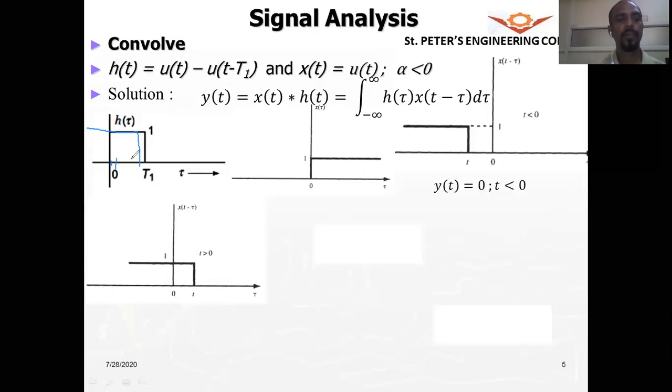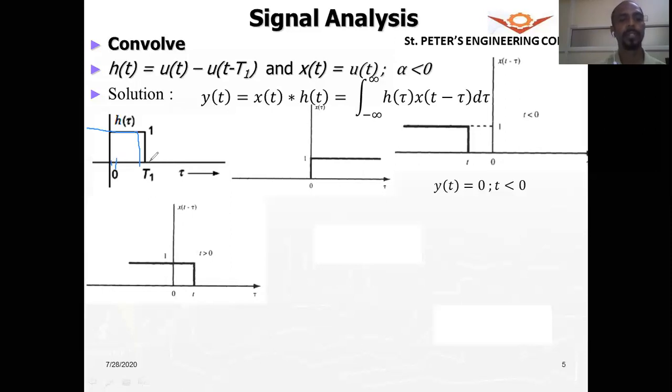So now we have to see what values t is taking. t is greater than 0, but less than T1. Why do we say this? When small t is less than capital T1, there is partial overlap. That is why we have to consider T1. Now, t is greater than 0, and there are two regions it can take: between 0 and T1, and more than T1.